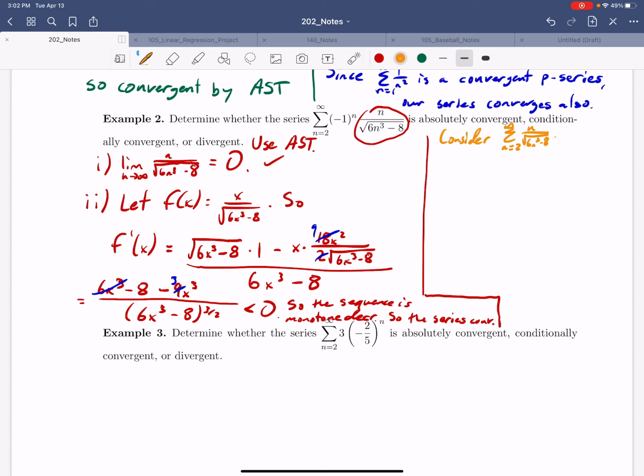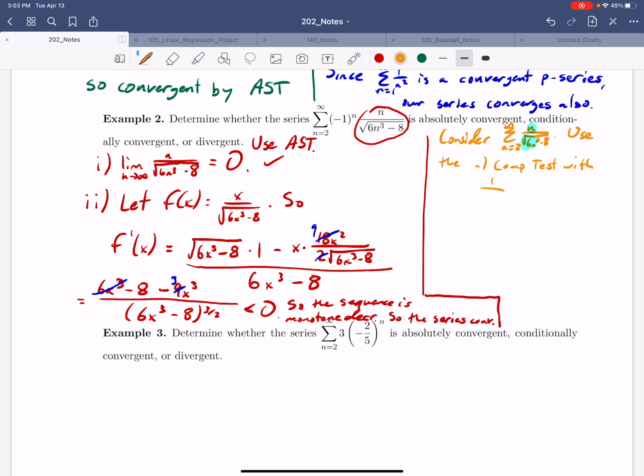So looking at this, I'm focused on the n over the square root of 6n cubed part. There's a little bit of finagling if you use the comparison test. You totally can use the comparison test. If you use the comp test, be a little careful.